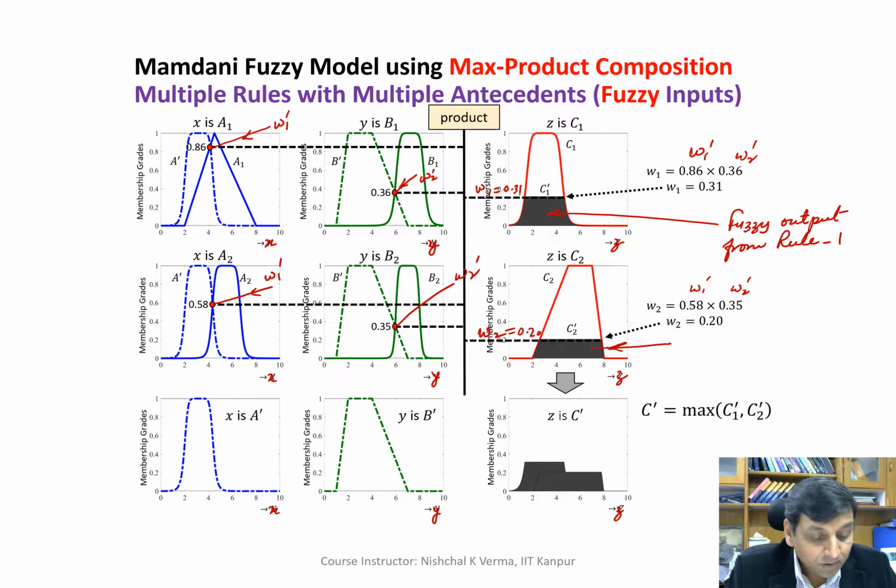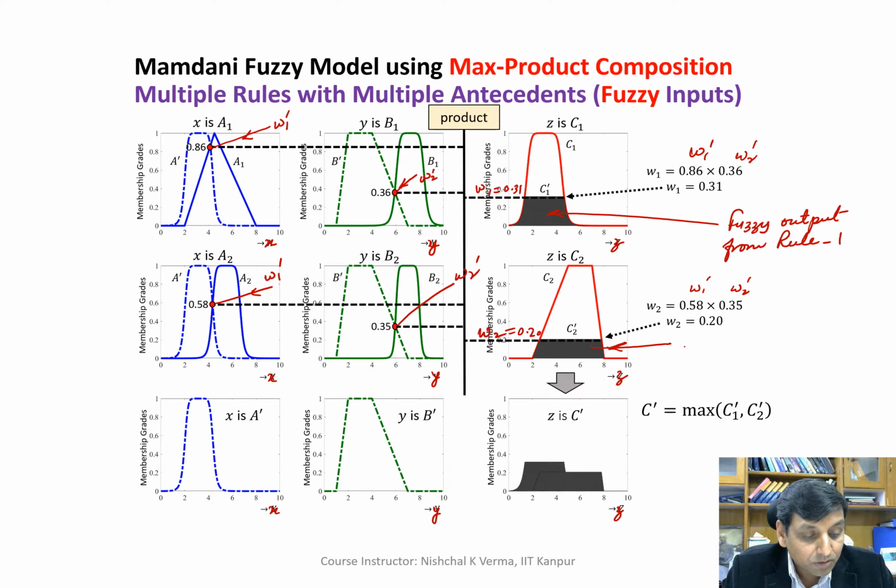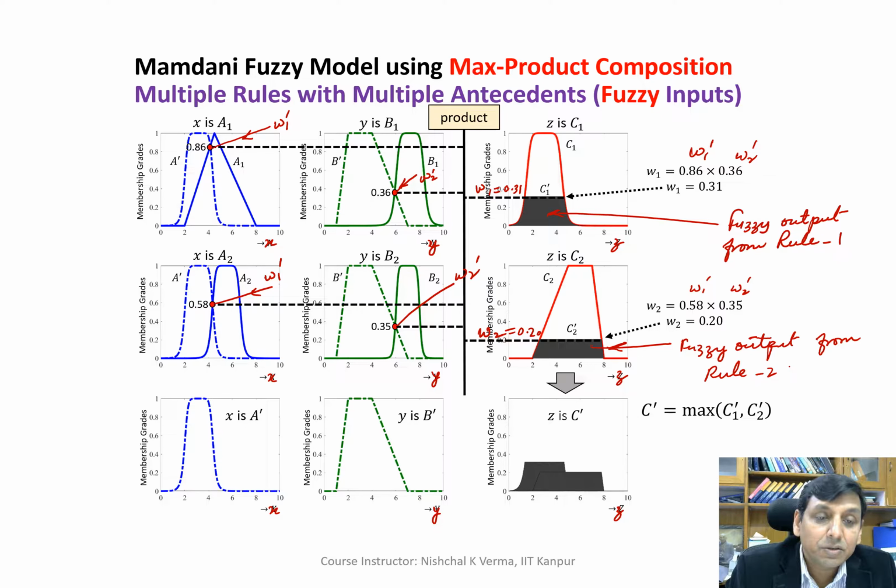This way we are getting two outputs. The first output is corresponding to rule 1, and the second fuzzy output is corresponding to rule 2. So here I can write fuzzy output from rule 2.